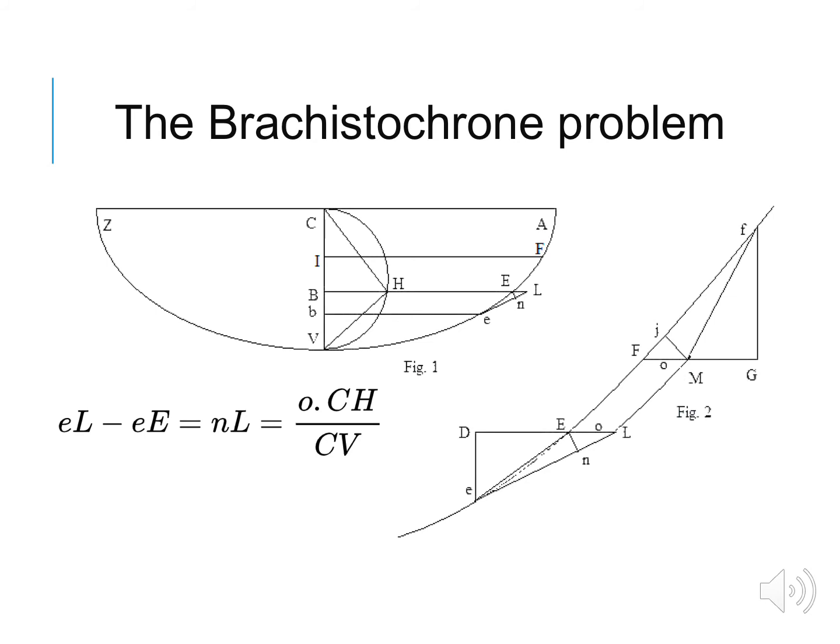The speed along EE and EL can be taken as that at E, proportional to the square root of CB, which is as CH, since CH equals the square root of CB times CV. Well, this appears to be all that Bernoulli's note contains.